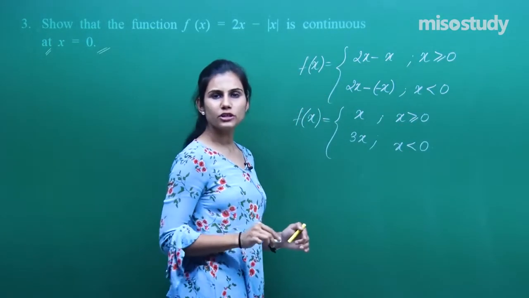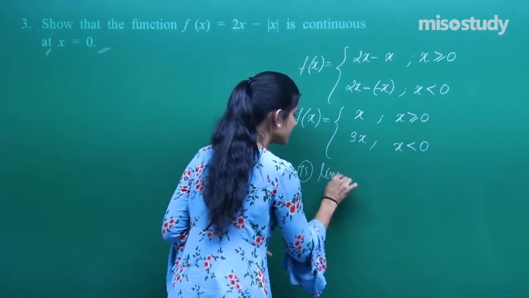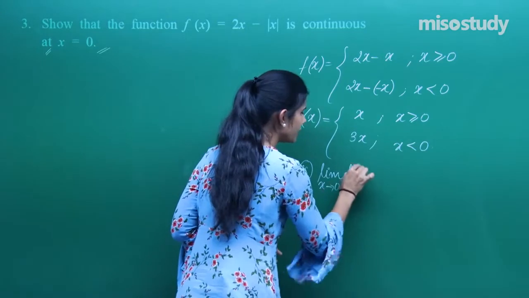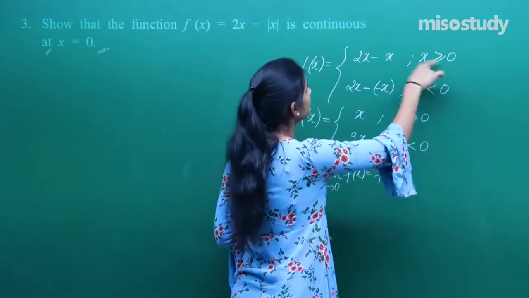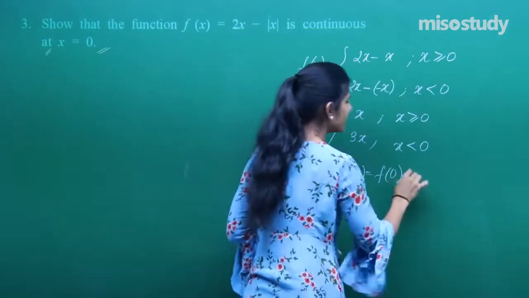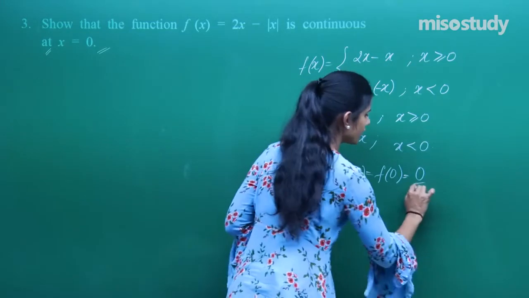If I wish to show this function is continuous at 0, I will have to show that limit x tends to 0 of f of x is f of 0, and f at 0 is 2 into 0 minus 0, which is 0. So I basically have to show limit x tends to 0 of f of x is 0.